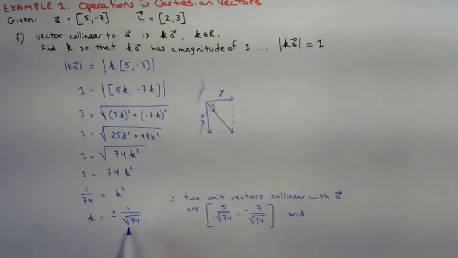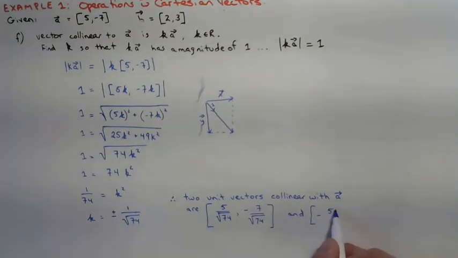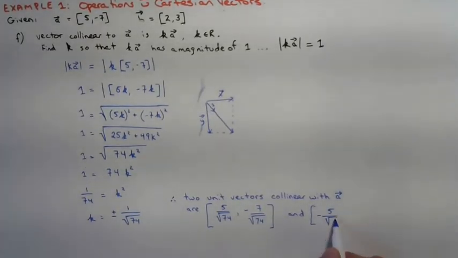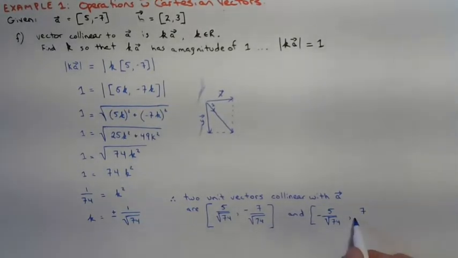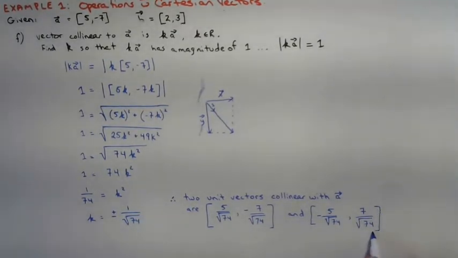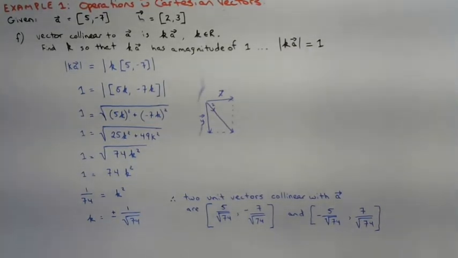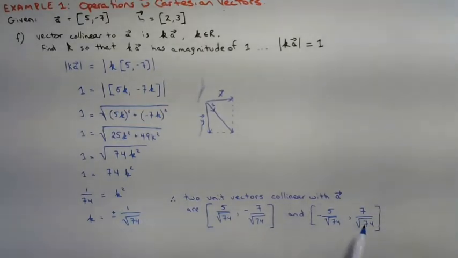And using our negative value for k, we get negative 5 over radical 74, comma, positive 7 over radical 74. And we can easily double check that each of these vectors has a magnitude of 1.